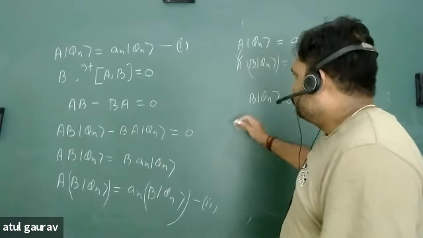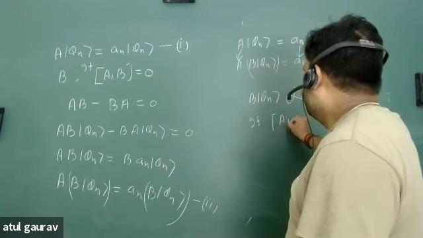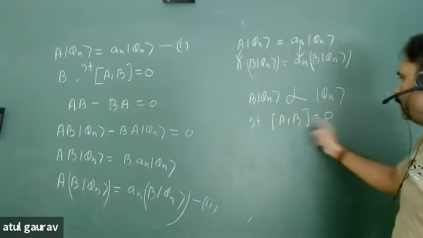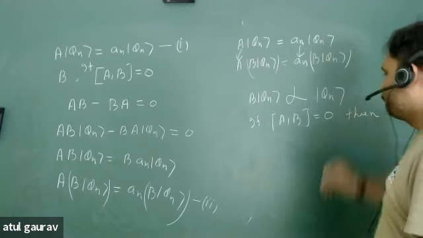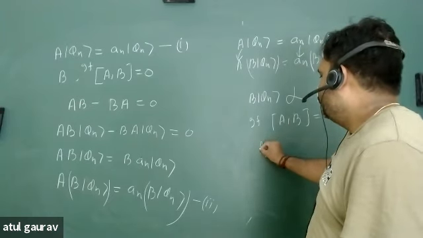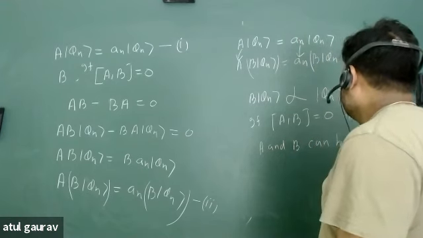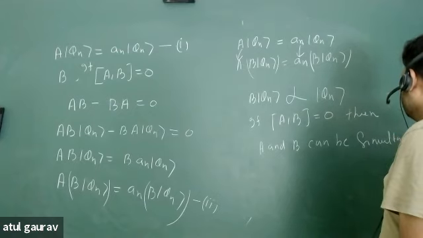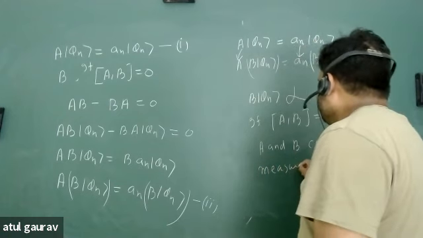We can make a statement that if A and B are going to commute, then A and B can be simultaneously measurable quantities.